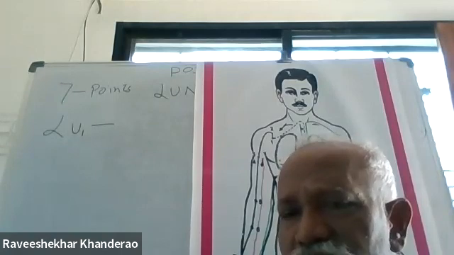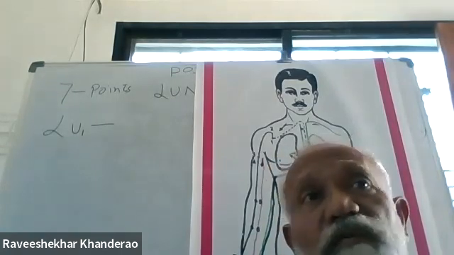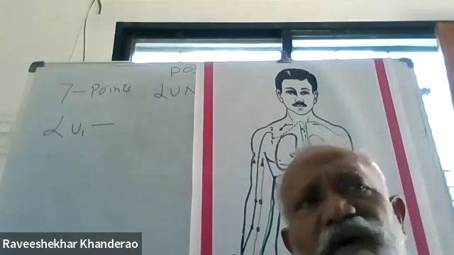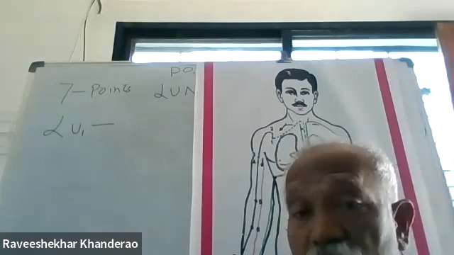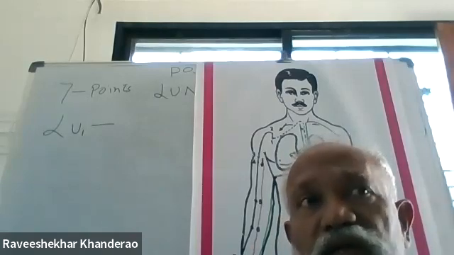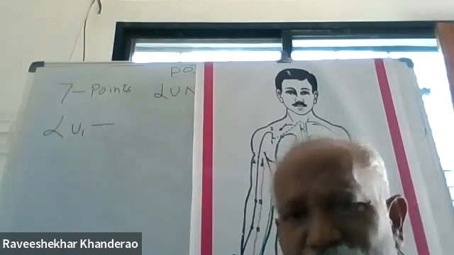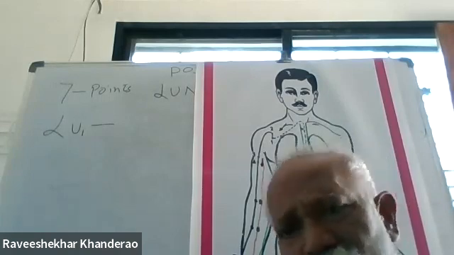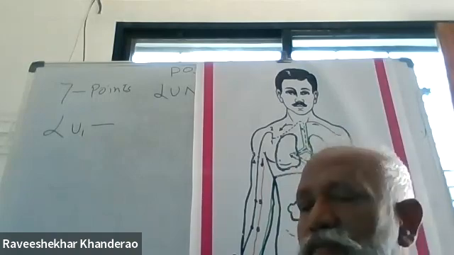You have to design your own ready reckoner, which you will understand. It's not that you look in the book. I am just giving you an outline of how to make the ready reckoner.